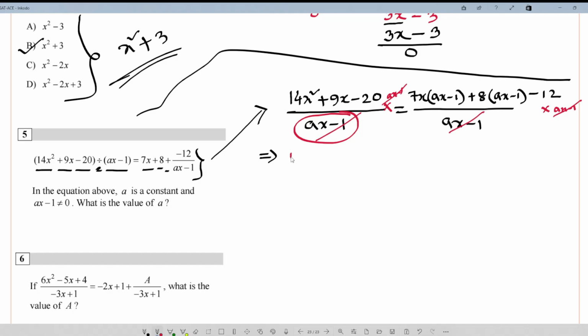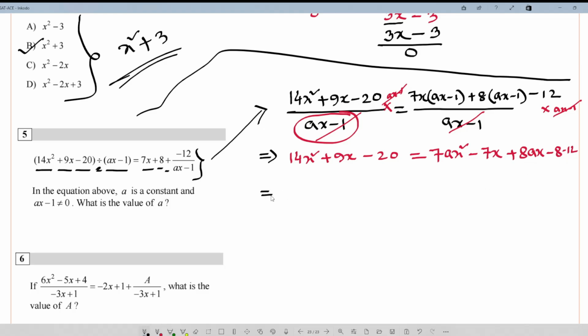So here we can write 14x square plus 9x minus 20 equals 7 times ax square, right? Then minus 7x plus 8ax minus 8 and minus 12.